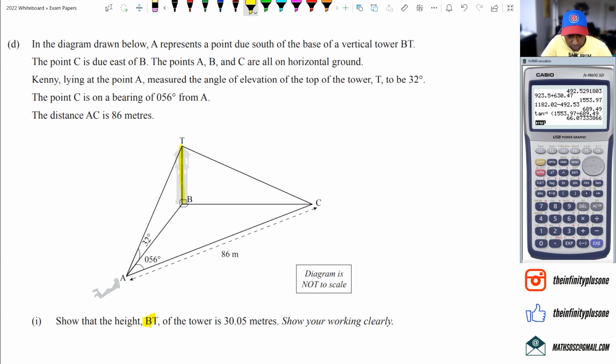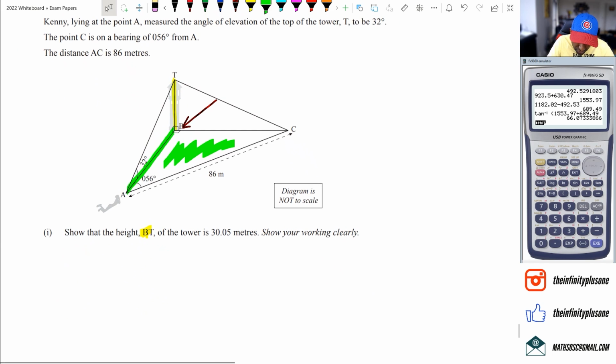The key point is right here: there are 3 right angle triangles, and they're meeting at the corner. So we could figure out what this green line AB is first using the bottom triangle, because once we figure that out, we can figure out what BT is by using trig again.